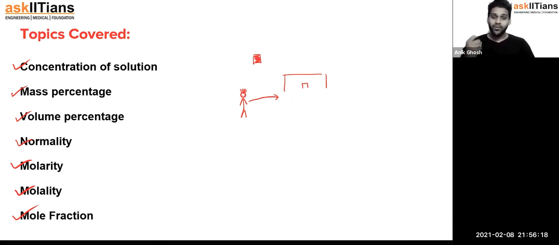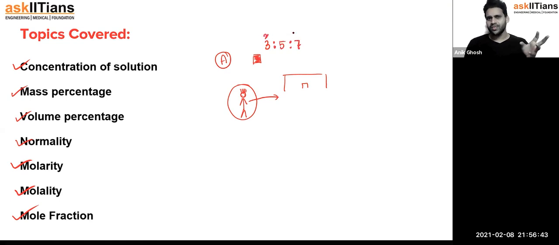So if a particular scientist wants to make an antidote called A, and his company has asked him to make it, what you have to do is add 3%, 5%, and 7% of three components, let's say X, Y, and Z. Only then would A get formed.